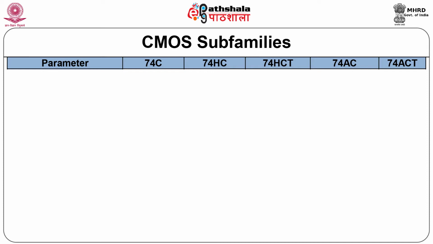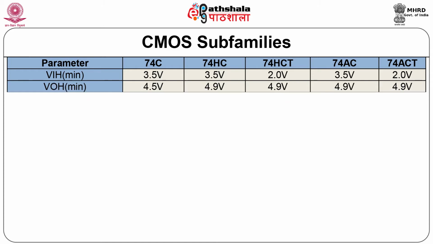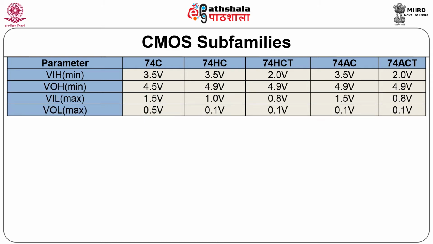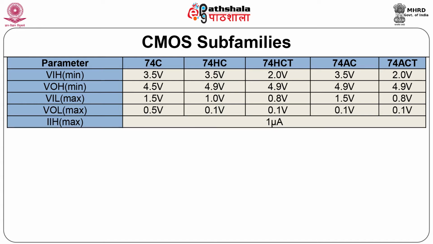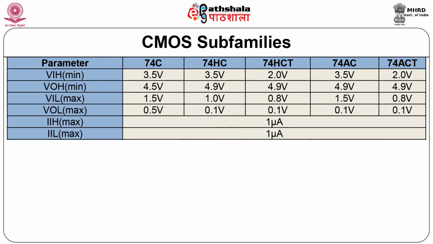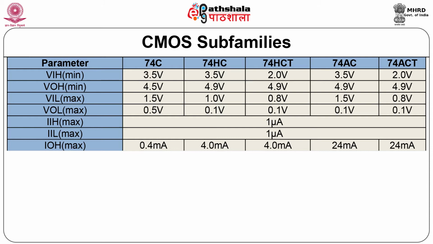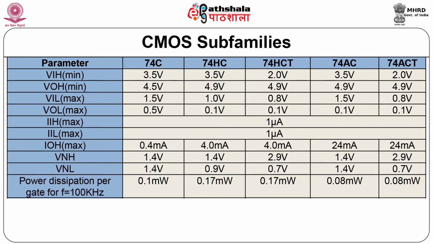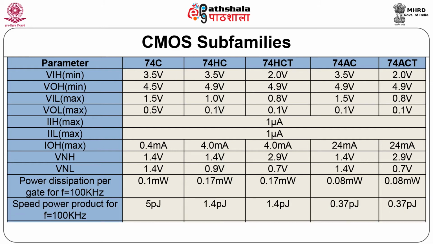These parameters are calculated for VDD equal to 5 volt. The parameters are VIH minimum, VOH minimum, VIL maximum, VOL maximum, IIH maximum, IIL maximum, IOH maximum, VNH, VNL, power dissipation per gate, speed power product.